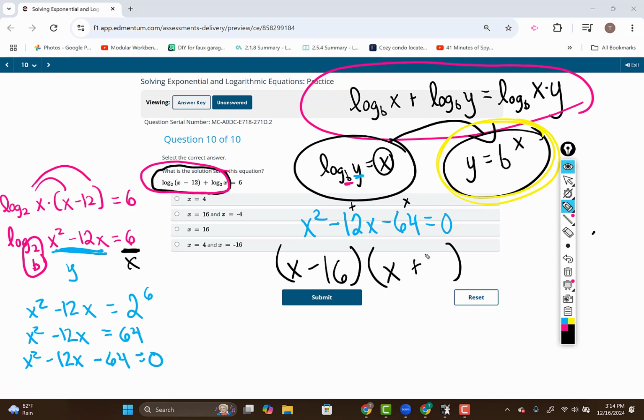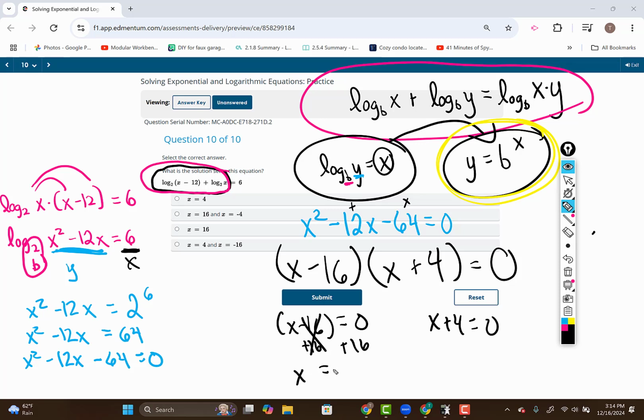Negative 16 plus 4 is negative 12. Negative 16 times 4 is negative 64. Our last step is we're going to set each of those factors equal to 0. One answer is positive 16, potential answer.